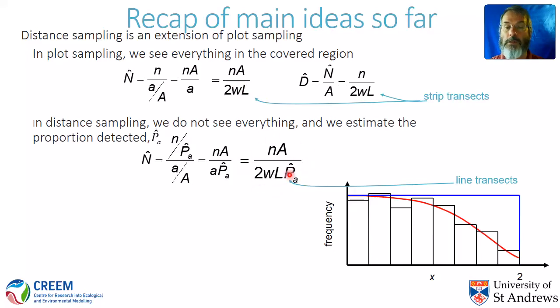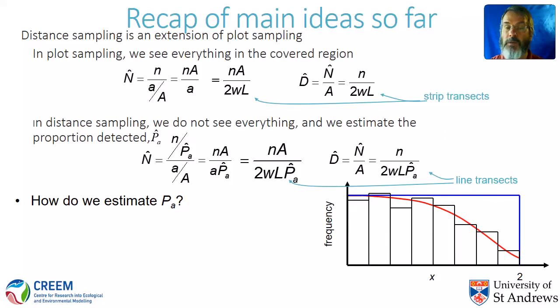The two formulas are exactly equivalent, the exception being that this quantity p sub a has to be estimated for distance sampling, whereas it was assumed to be equal to 1 and therefore not present in our plot sampling estimator. And regardless of whether you want to report an abundance or a density estimate, the formulas for doing so are very similar.